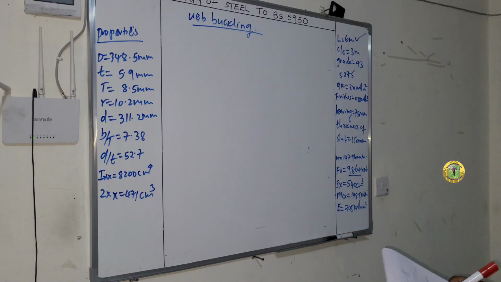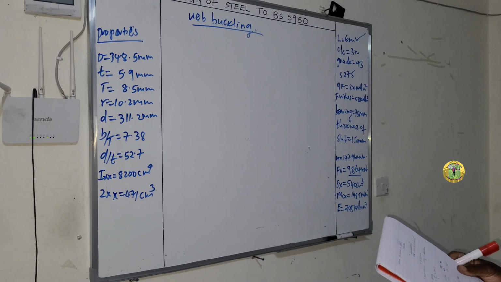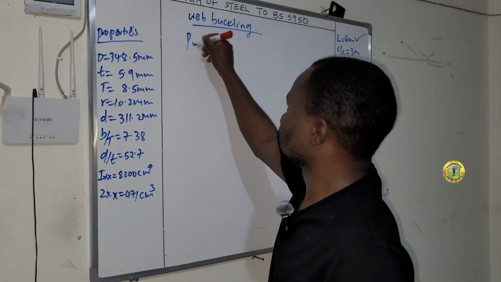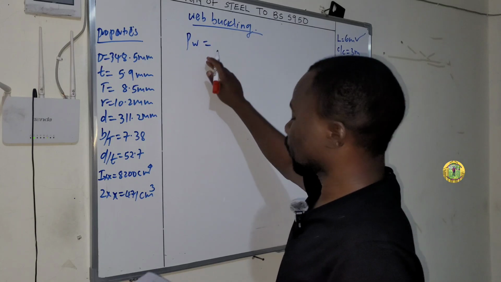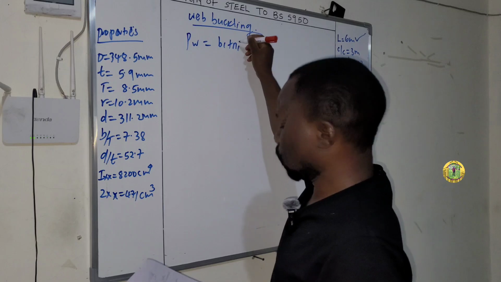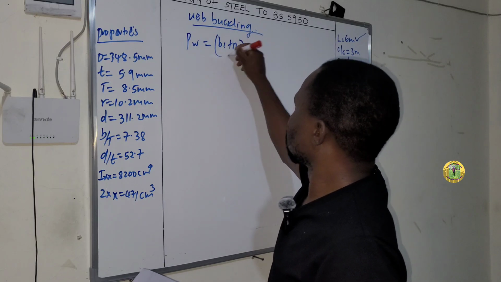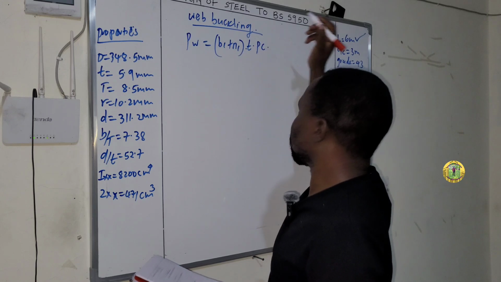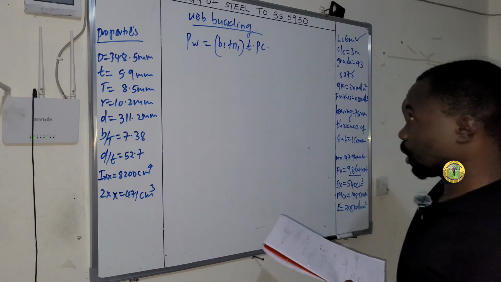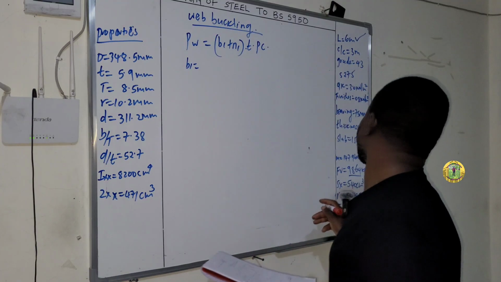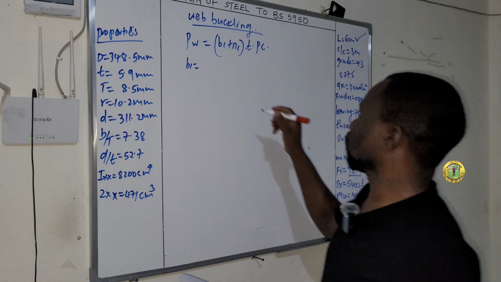So for web buckling, we know that PW, the buckling resistance, is given by this formula, B1 plus N1 times T times PC, whereby B1 is equal to the bearing length, which is 75 millimeter.